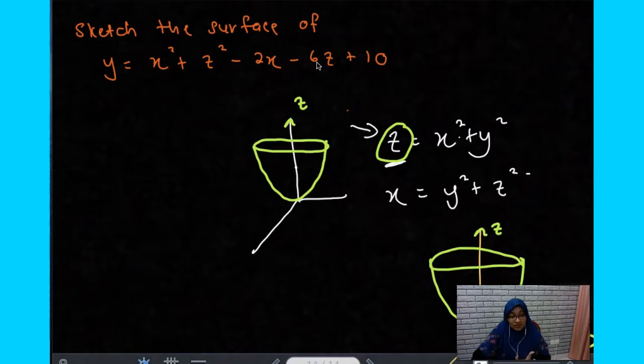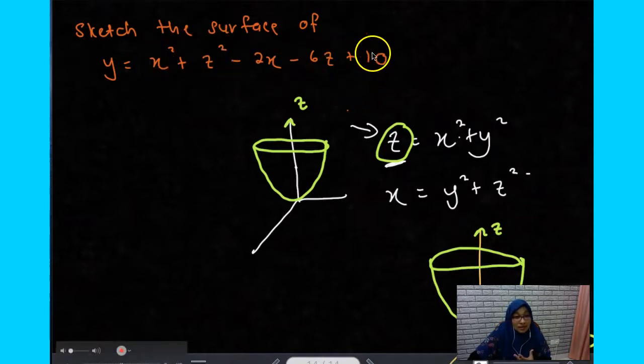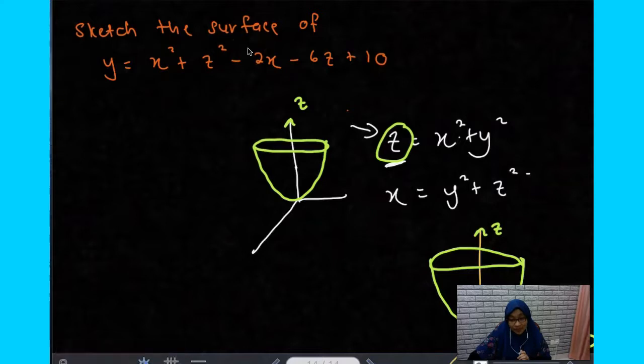So now the question is, what is the mathematical method that you have to apply here in order for you to simplify this particular form? Have you ever heard of completing the square? Yes, so completing the square is one of the methods that can simplify your quadratic equation, especially for quadratic.